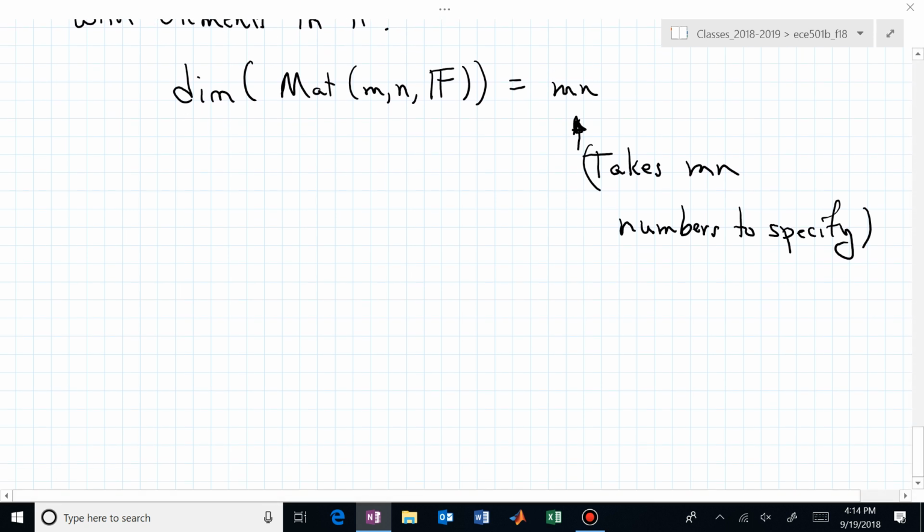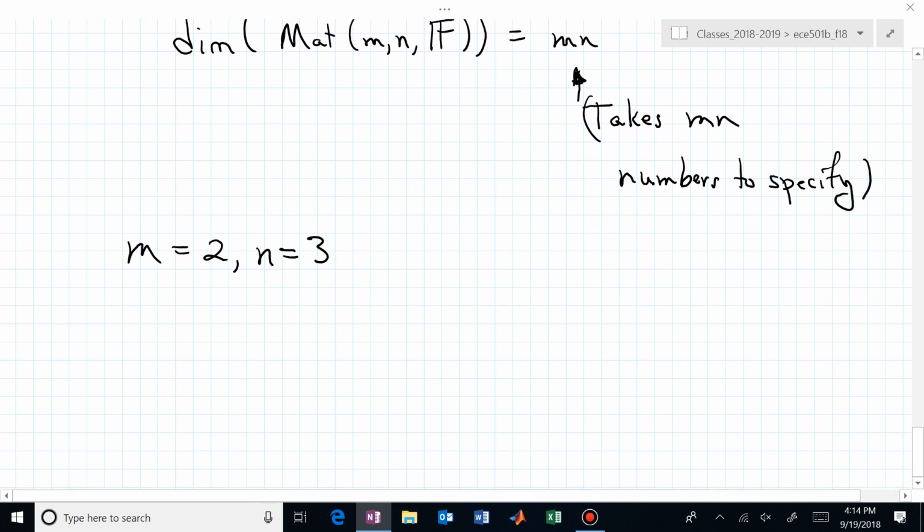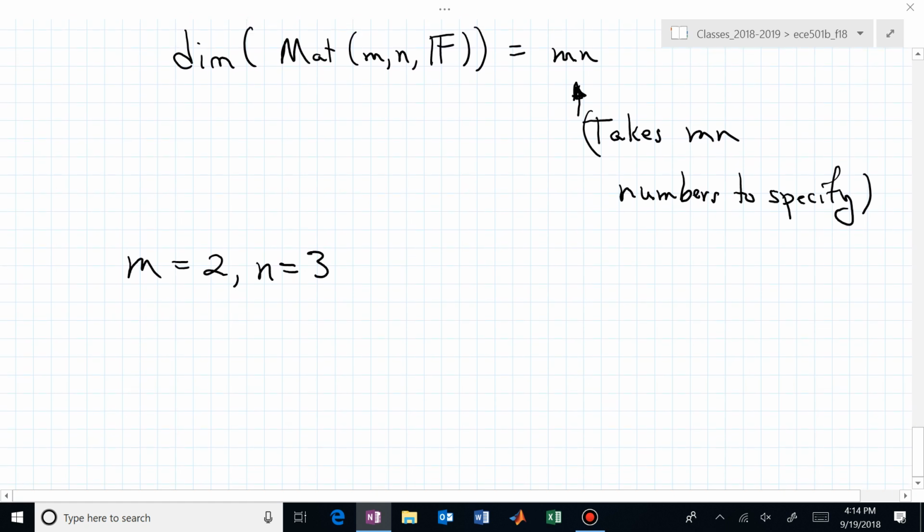Let's say that we pick something a little bit more than just the default case. Let's say m is 2 and n is 3. We have 2 rows and 3 columns. Then in terms of this vector space, we could think about that having basis vectors.